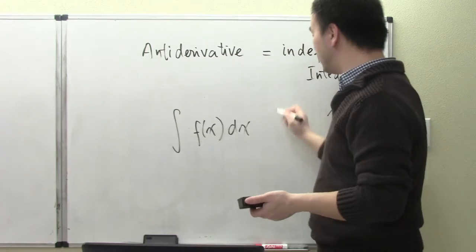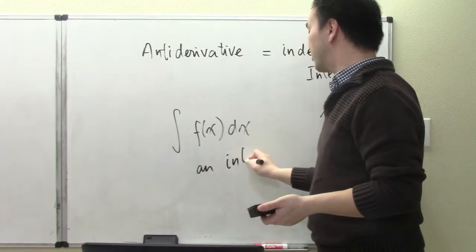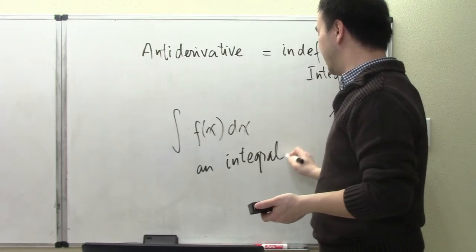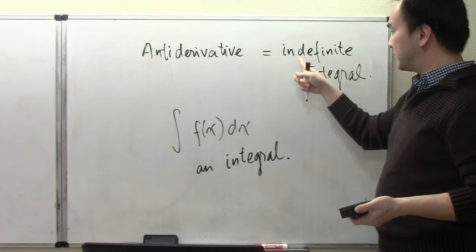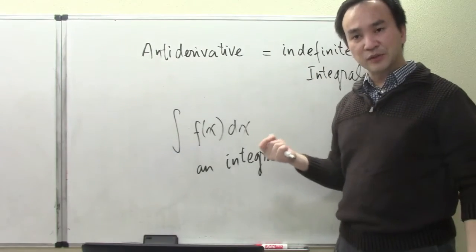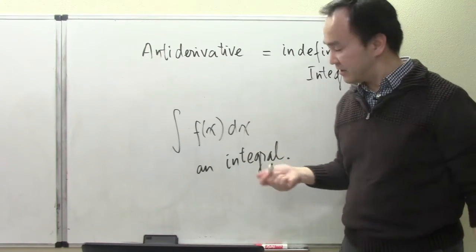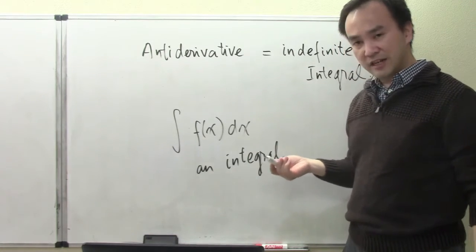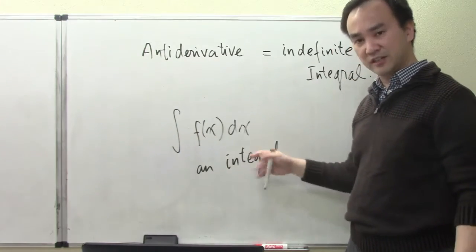just this whole problem is also referred to as an integral. An integral is generally referred to as an indefinite integral. Because, as you have learned through the fundamental theorem of calculus, to take a definite integral, you have to go through the process of finding the antiderivative as the first big step.